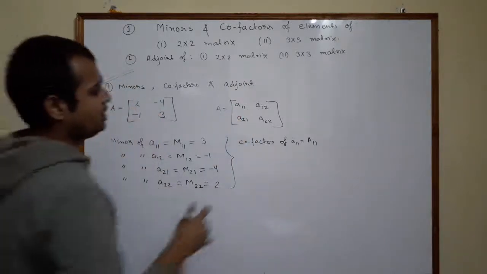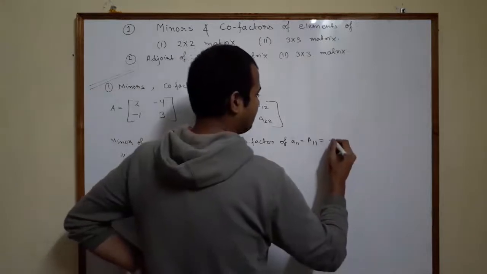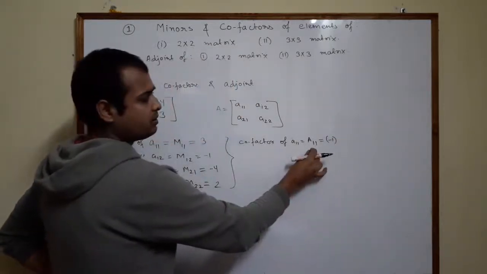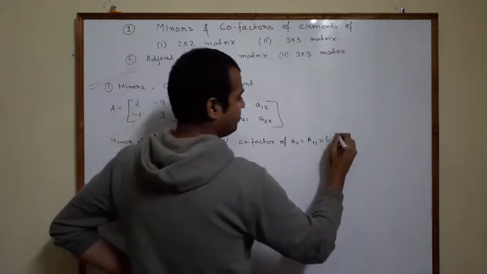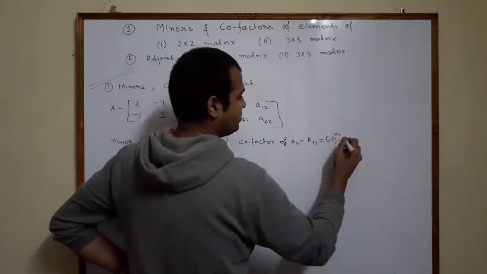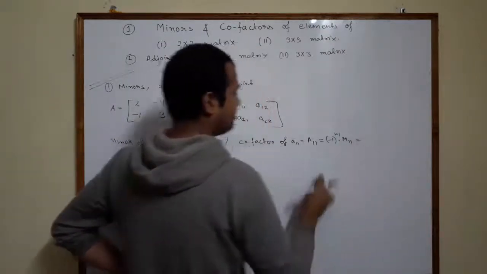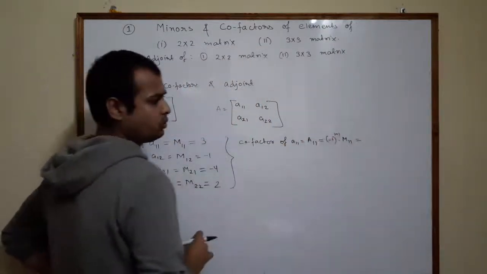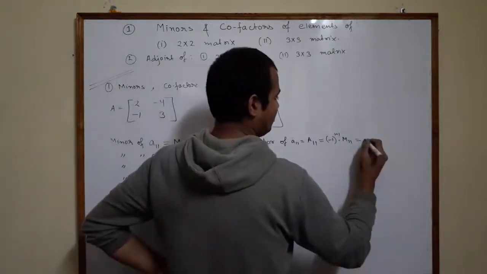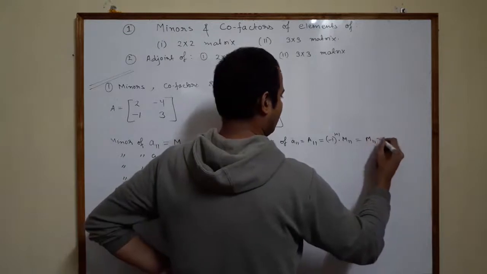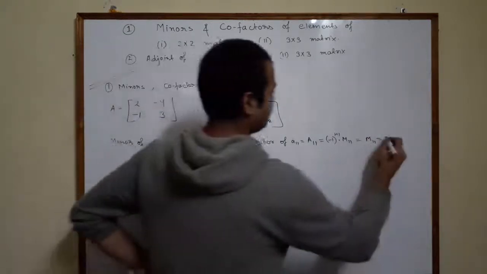This is equal to minus 1 to the power 1 plus 1 into the minor of this element. Here minus 1 to the power 2 gives plus 1, and you are left with the minor that you have already found, that is 3.